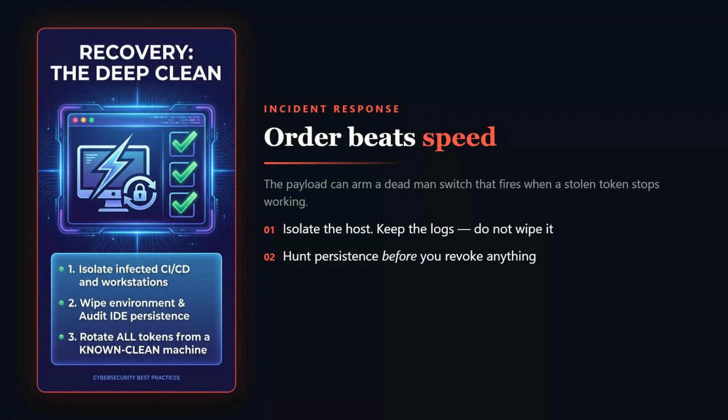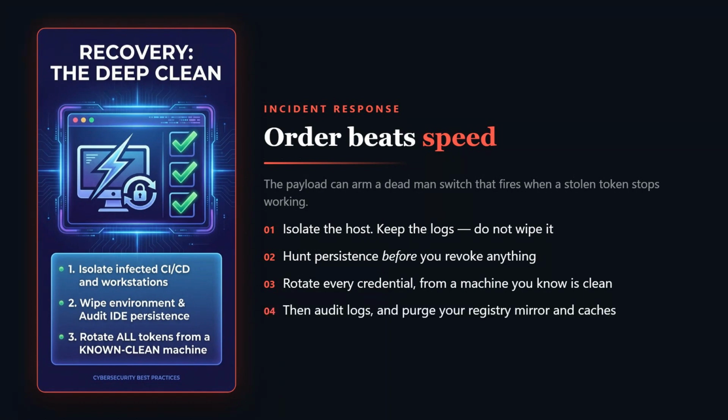Find it, disable it, keep a forensic copy. Then rotate credentials, all of them, from a machine you know is clean. GitHub, npm, AWS, Vault, Kubernetes, database passwords, private keys, anything the build job could see. Then read your audit logs for publishers, new repositories and workflow edits you didn't make.